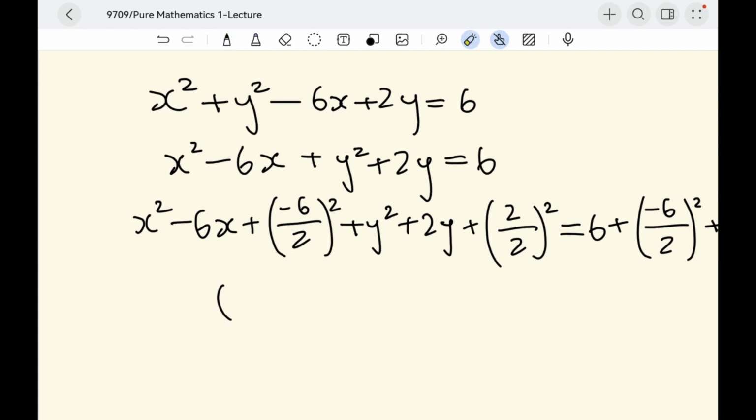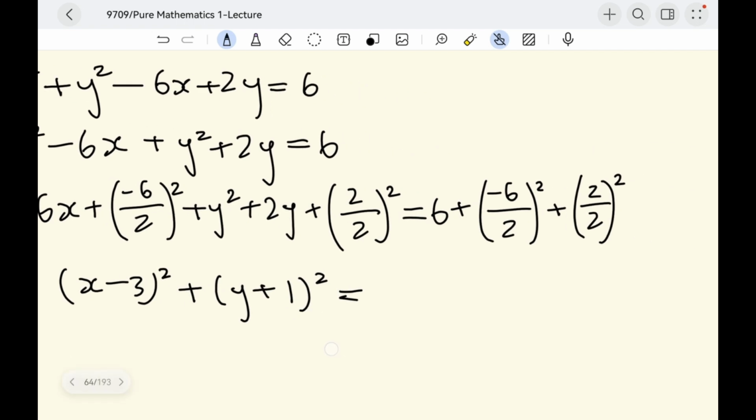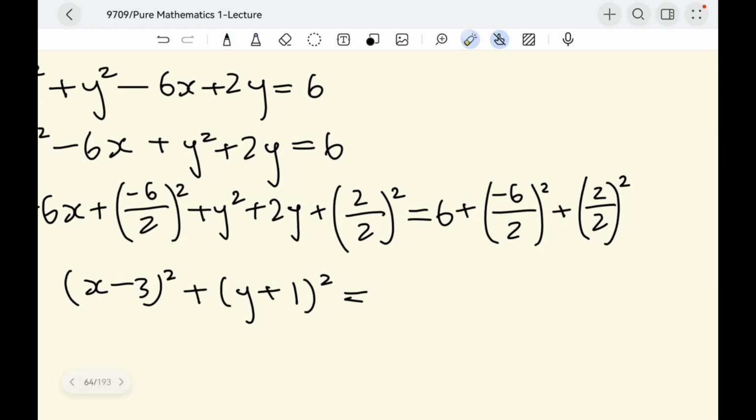So for the x term, I will obtain x minus 3 squared. Meanwhile, I have y plus 1 squared. That equals 6 plus the other two terms, so I have 16.